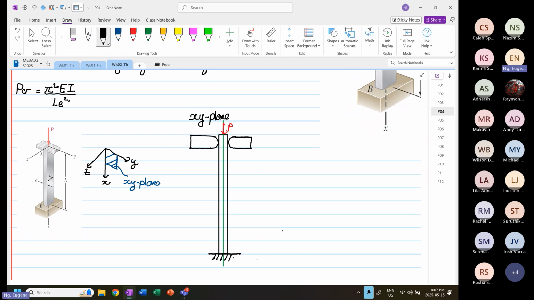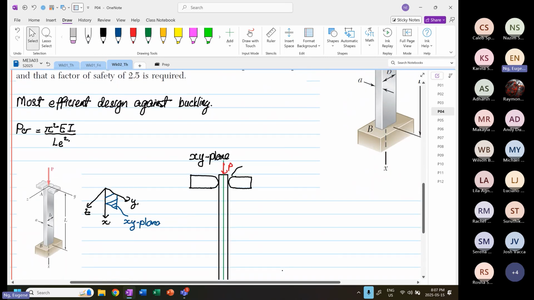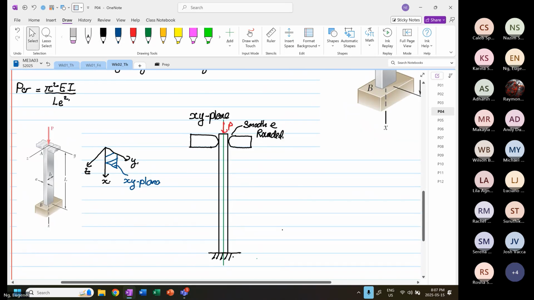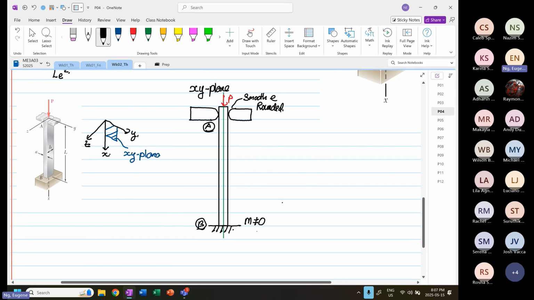Now, what they deliberately highlight is that this is smooth and rounded. So if we call this our point A and this our point B, by looking at this, we know at point B the moment is not equal to 0, and this is going to be fixed.